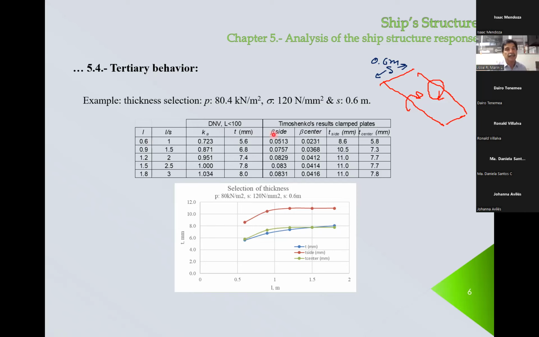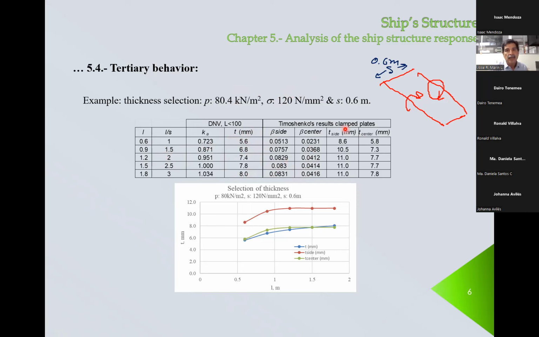But in general, as you reduce the spacing between stiffeners or girders, you will see a reduction in required thickness and less weight. But you have to find a compromise.